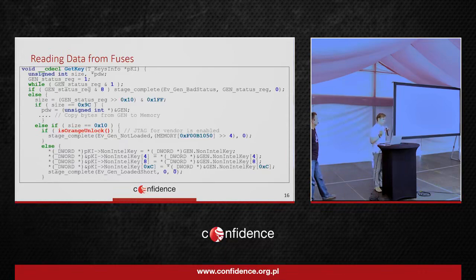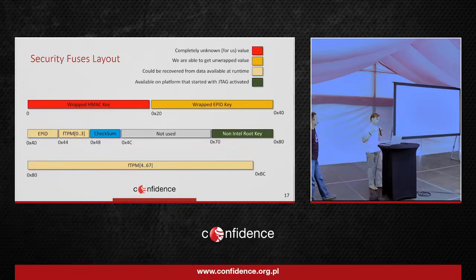Okay, we divide the fuses into 4 parts because we don't have access to the fuse values, but some values can be obtained. For example, we can recover the FTPM, EPID, and non-Intel keys for our platform.